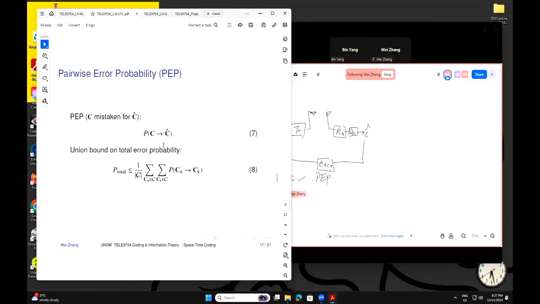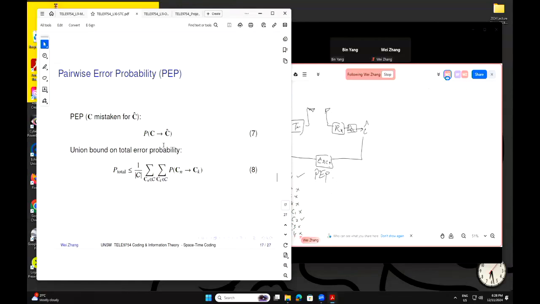If it goes to C2, C3, C4, you will see they are all wrong, right? That means in the detection part. And also, similarly, if you send a C2, and it goes to C1, that is wrong. Go to C2, that's correct. And C3, wrong. C4, wrong.